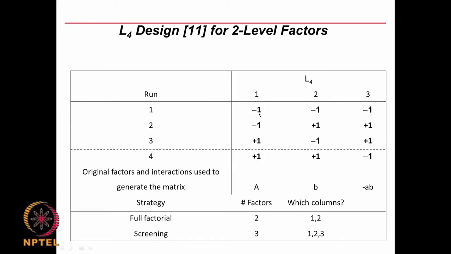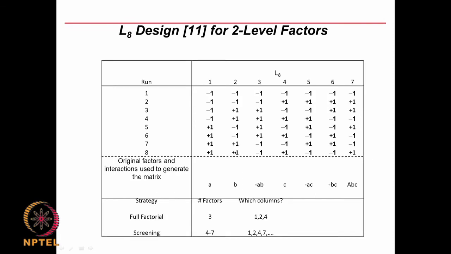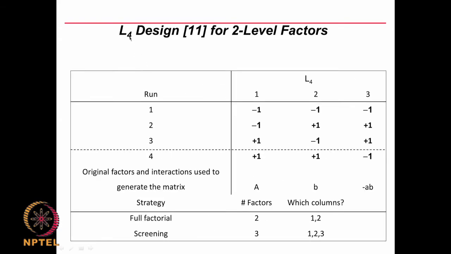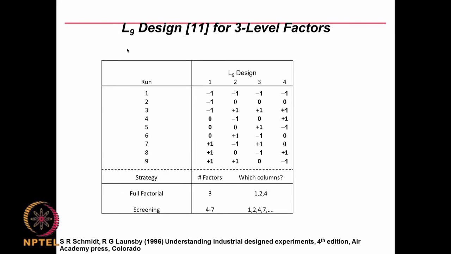So, I just blindly pick up the L4 design for 2 levels, and if it is 2 factors I put A, B and ignore this, if it is 3 factors I put A, B, C and do the experiments accordingly. Let us look at the L8 design, that means 8 runs. This number tells you how many runs: 4, 8, 9 and so on.